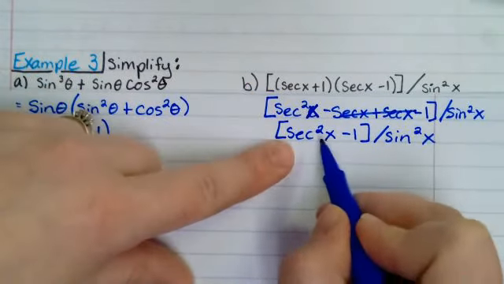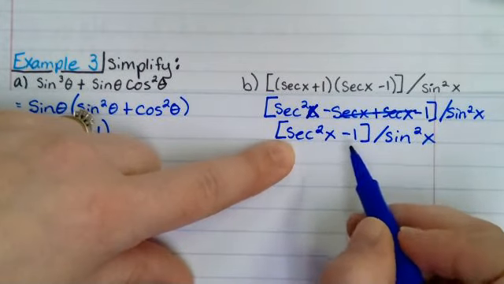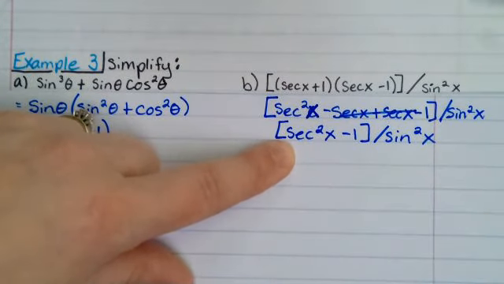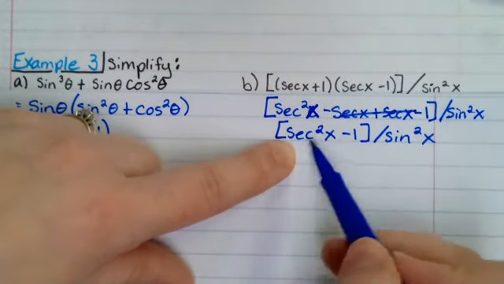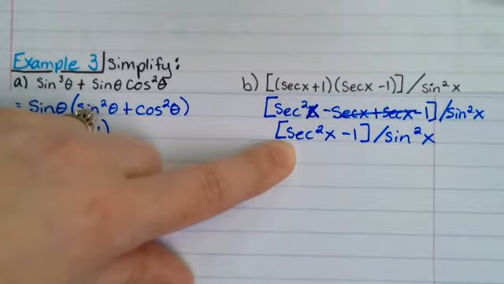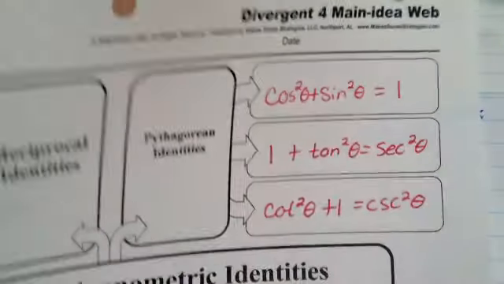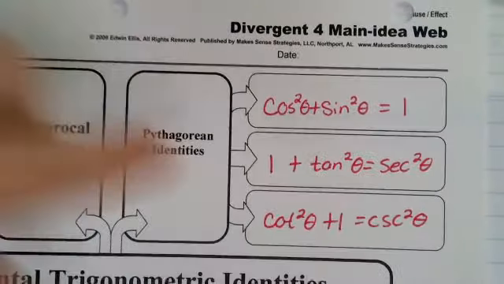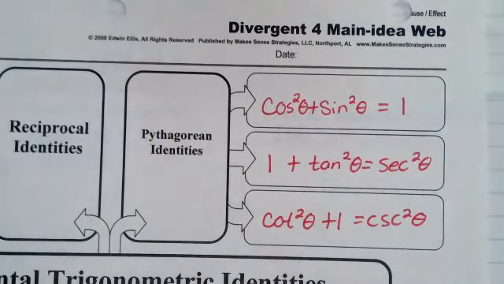Now, I'm seeing secant squared and then a 1. And to me, that's bringing back this vibe of Pythagorean identities, because I'm seeing a squared trig function and a 1. So I'm going to go find where I have that. Well, this is not exactly in the correct format. This is 1 plus tangent squared equals secant squared theta.